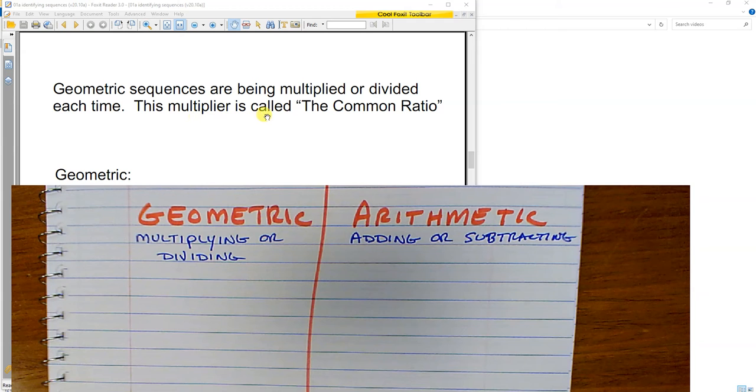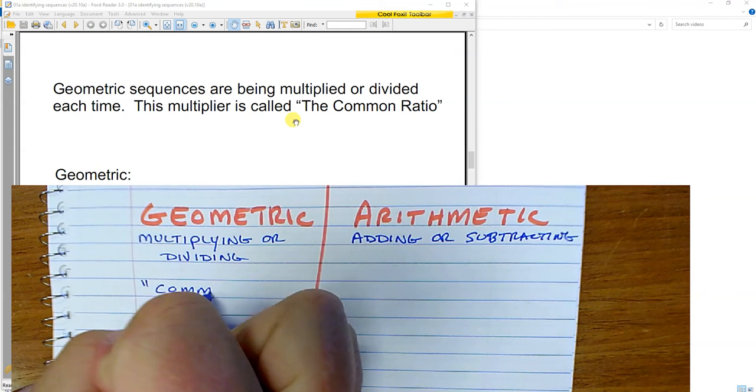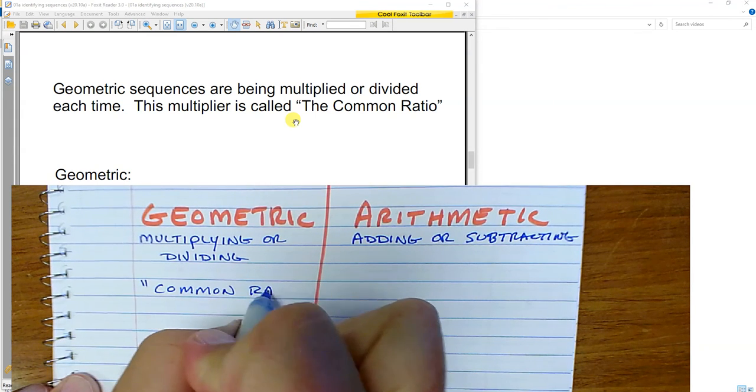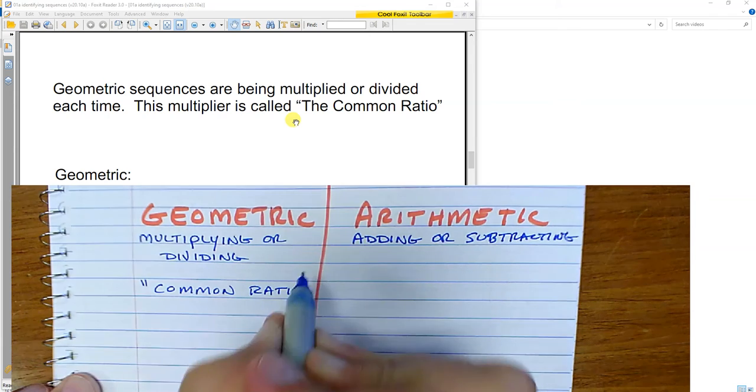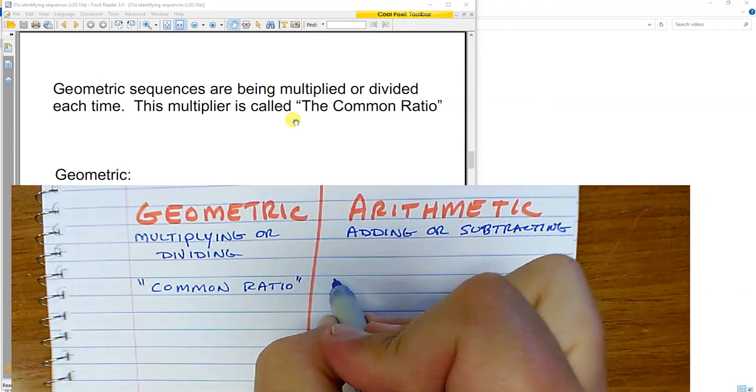This multiplier is called the common ratio. And for the arithmetic, this adding or subtracting is called the common difference.